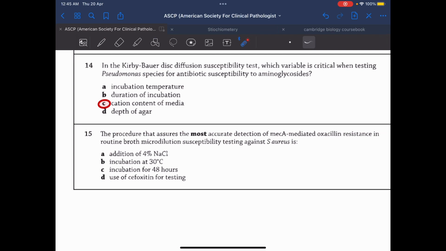Staph aureus with a cefoxitin MIC of more than 4 microgram per ml is considered oxacillin resistant.